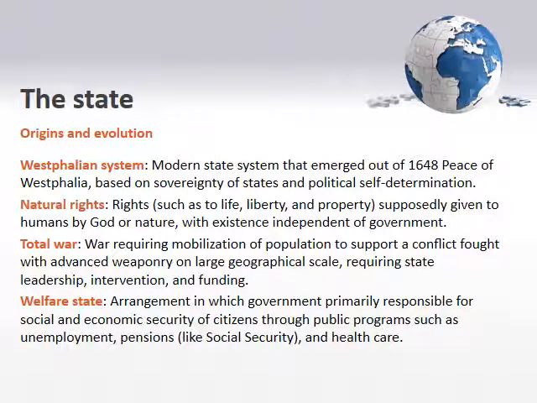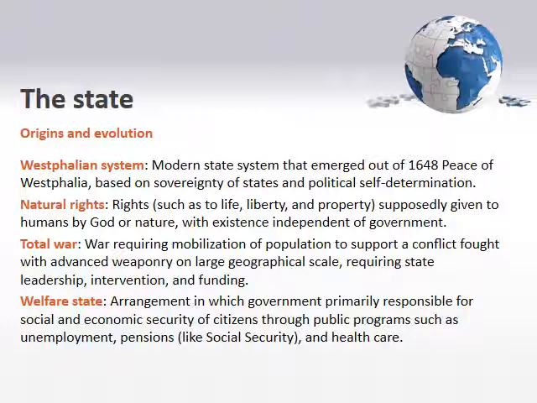Let's discuss where this concept of the state comes from. I mean, there have been aspects of the state that have existed since the ancient world, but the modern state emerges out of the 30 Years' War and the 1648 Peace of Westphalia, and the idea that these territorially defined states have leaders with sovereign authority within their states.